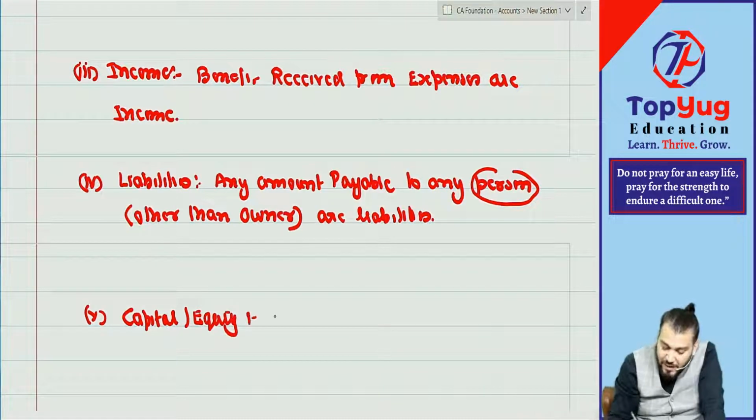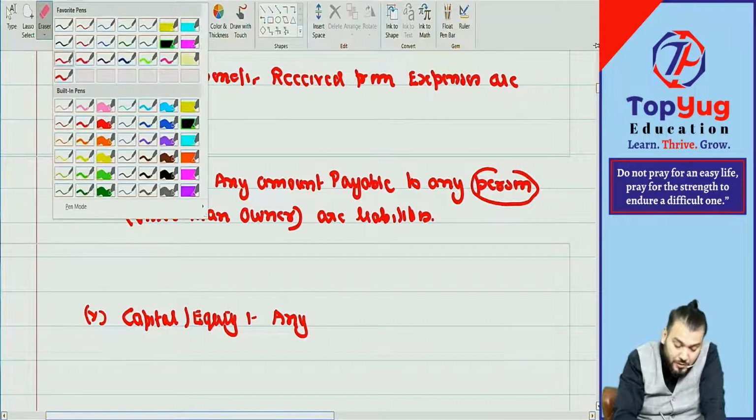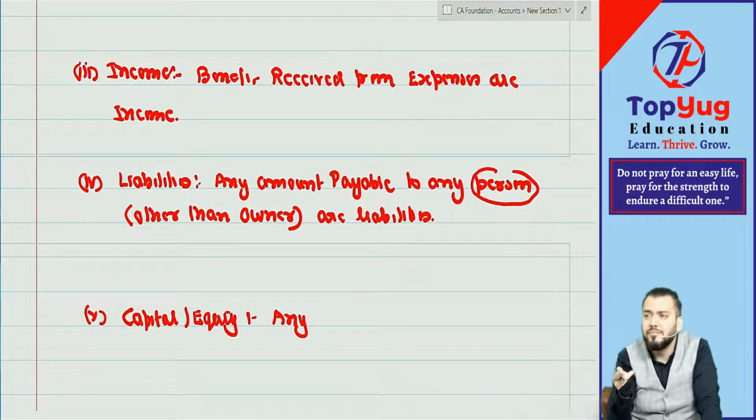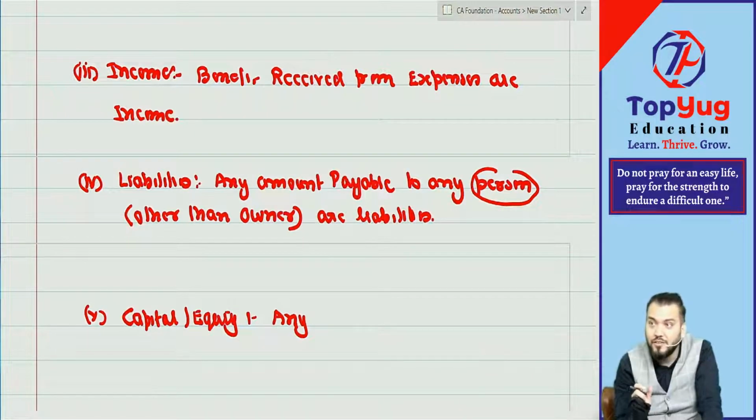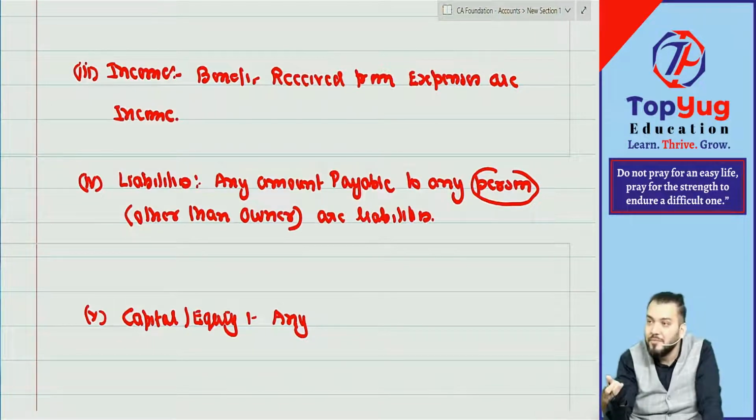So can I say any amount payable to whom? Owner. Payable by whom? By business. That is silent, because we are doing accounting for business. The benefit will be derived by business only, so this amount will be paid by business only.